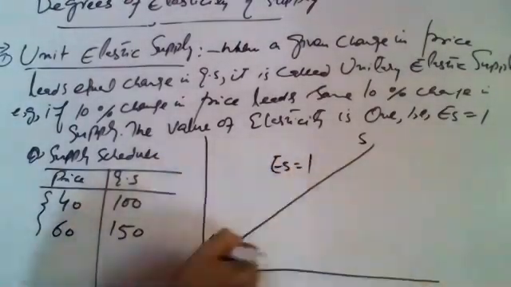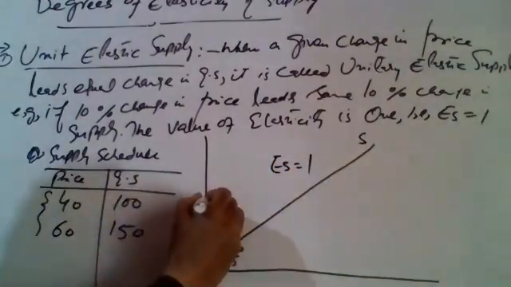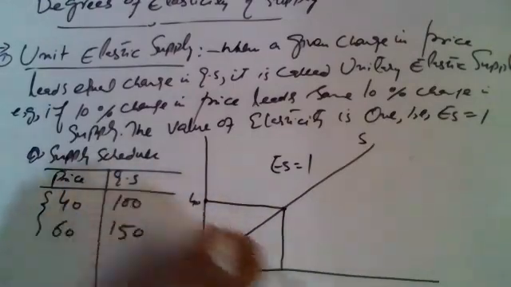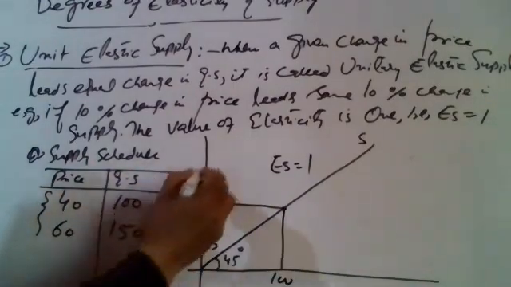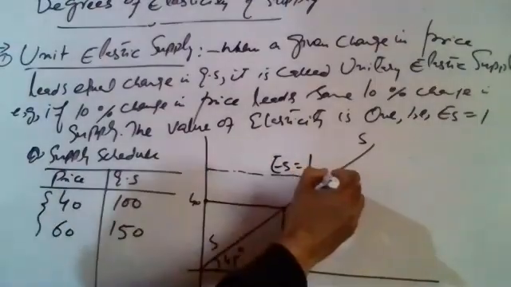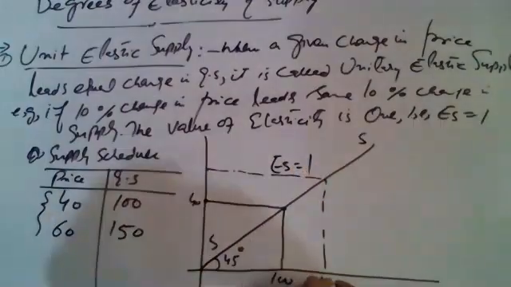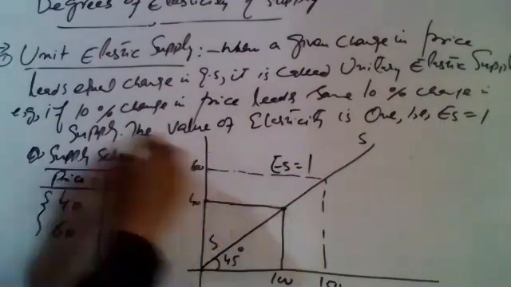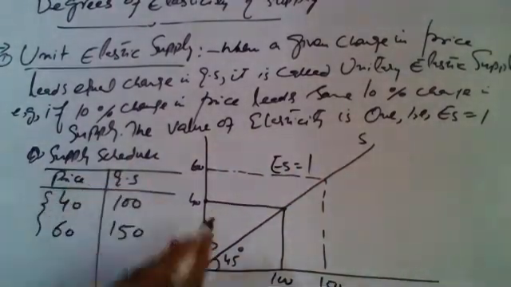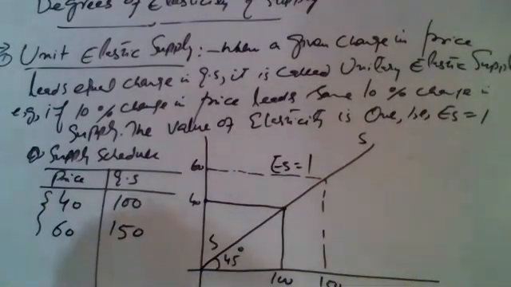It will be a 45 degree line. Here elasticity is 1. If price is 40, supply 100, price goes to 60, supply goes to 150. So here the elasticity of supply is 1.